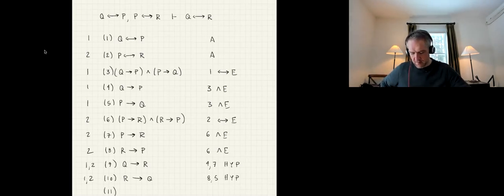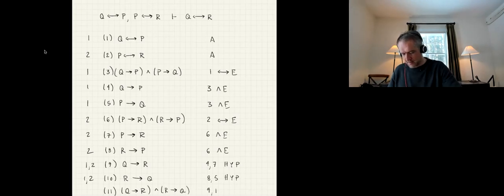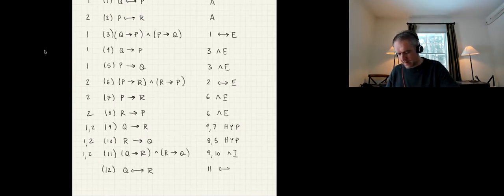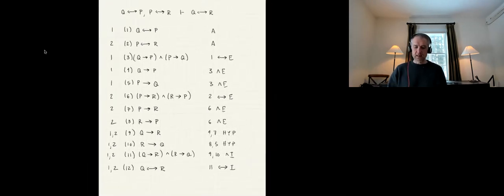And so finally, on line 11, we can put these 2 together: Q then R and R then Q. So 9, 10, and introduction. And that by definition is Q if and only if R. So 11, biconditional introduction. We introduced the biconditional because we had the conjunction of the 2 conditionals. It depends on 1, 2.